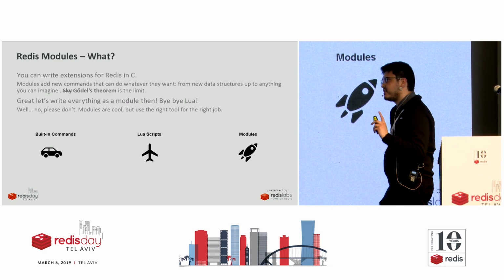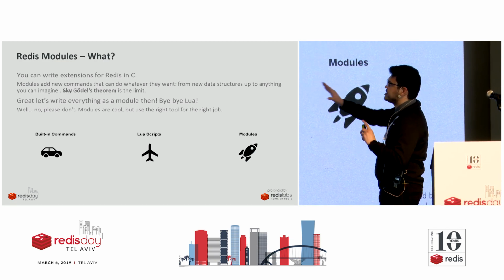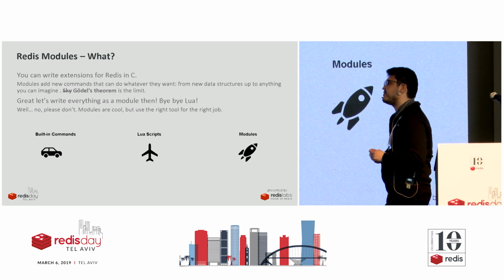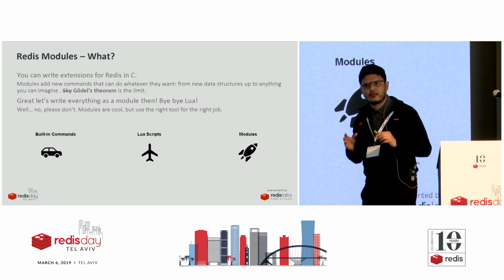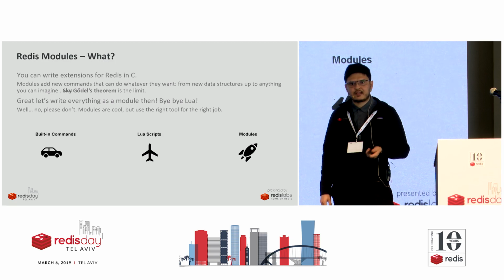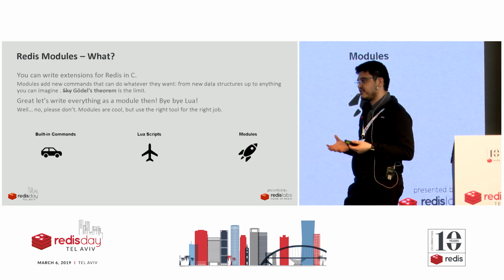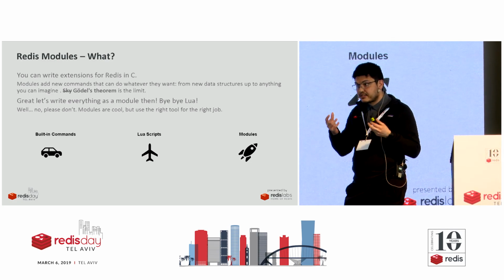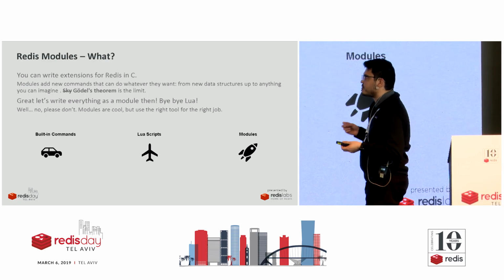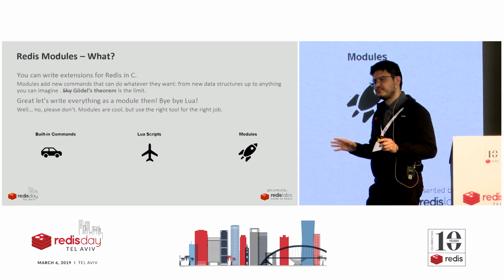But at the same time, one thing that I would like to note is that even though these are three different scopes, not every module has to be huge and complicated and do crazy stuff. You've been seeing modules from Redis Labs, like Redis Search and Redis Graph, and those are very complex modules that do a lot of interesting things. But there are many smaller modules that do small things that are interesting and that you can build. You don't need to be an expert to do so.